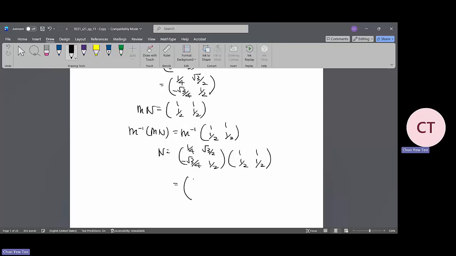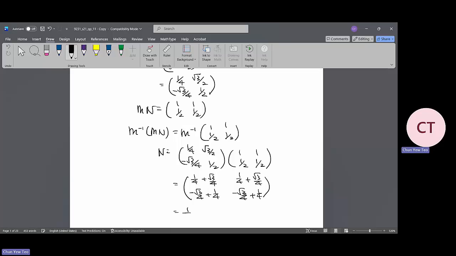So you will get 1 over 4 plus 3 over 4, this will be 1 over 4 plus 3 over 4, this will be negative 3 over 4 plus 1 over 4, and negative 3 over 4 plus 1 over 4.